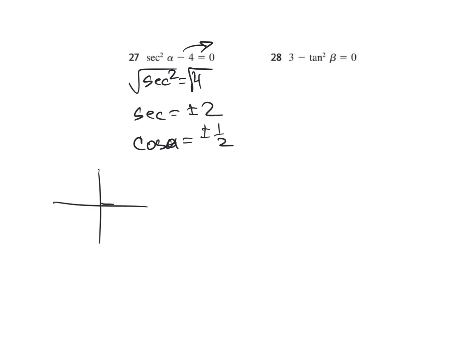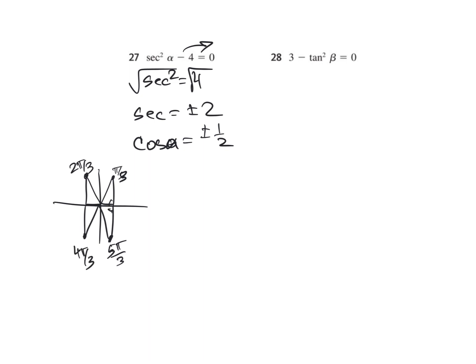That's the short leg, so that'd be here and there, okay? So those are your pi over 3 and 5 pi over 3. And then negative 1/2 would be right here. So the other pi over 3s, 2 pi over 3 and 4 pi over 3.